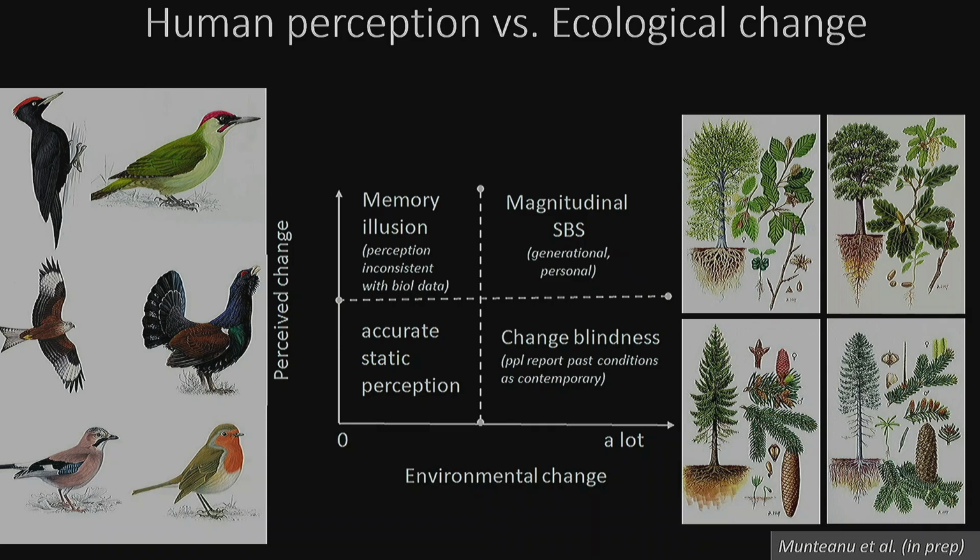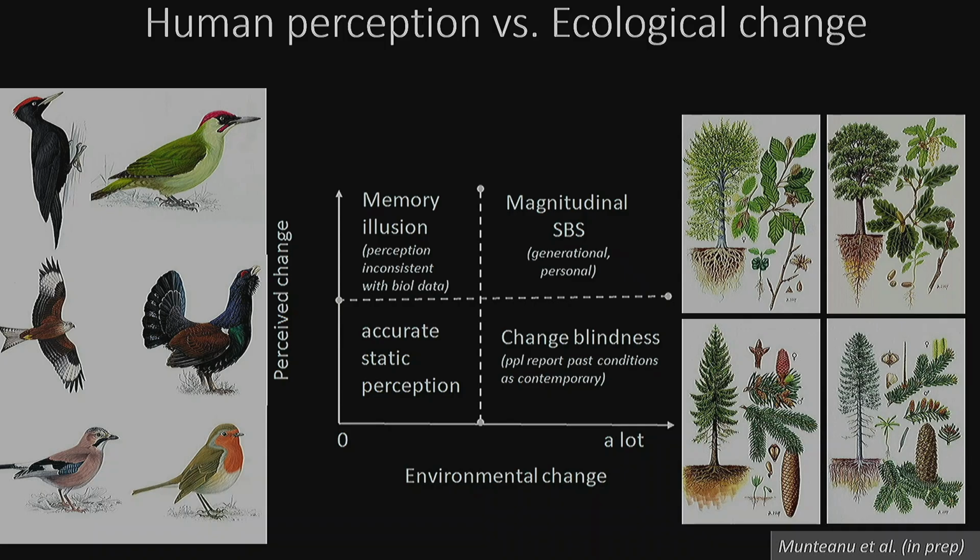We're trying to identify, on one hand, the environmental change, the change in abundance of these species and these trees, just like with the many examples that we have seen today, and compare that with the perceived change that we measure through questionnaires and through surveys in the population.